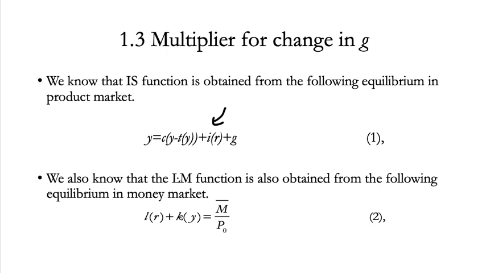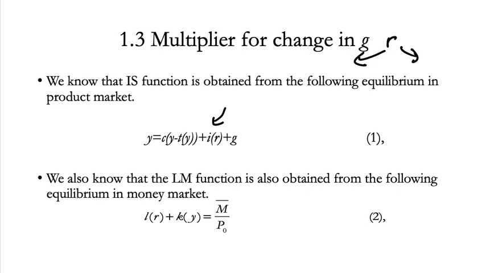We also need to incorporate the money market, because you cannot see the interest rate on the product side only. You have to see it on the money market side as well, because the interest rate is the price of money in the money market. So we combine IS and LM in equilibrium, do some mathematical operations to get the multiplier for the change in G when the interest rate is allowed to be flexible in the model.